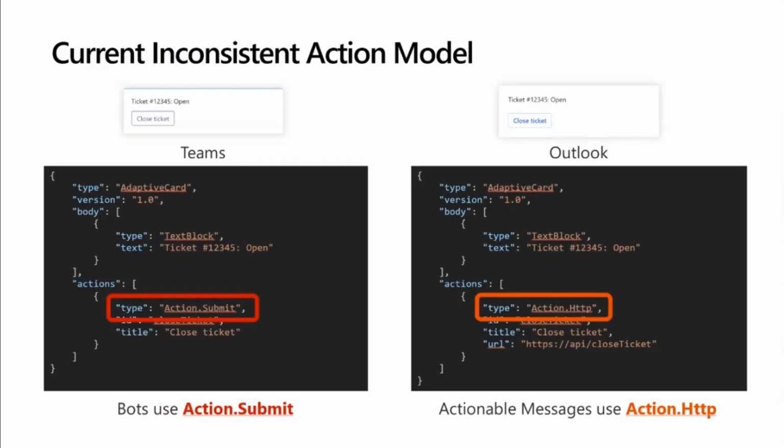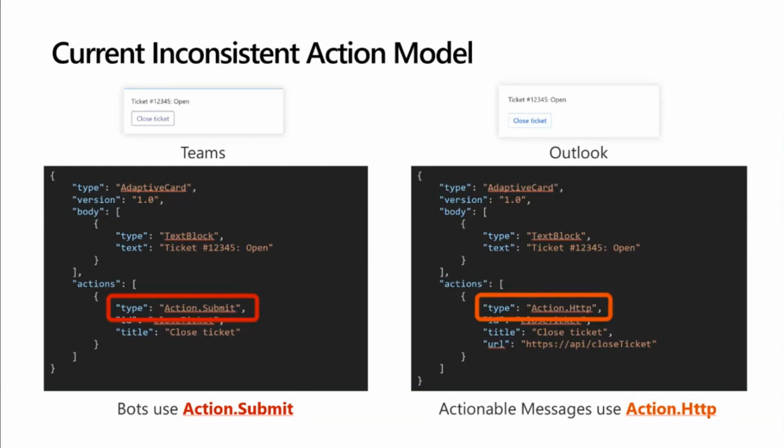And those of you who happen to write cards for maybe Teams and Outlook will be very aware of this current, I don't want to say limitation, but it's extra work you have to do. And the gist is we have an action.submit, which is very platform agnostic.